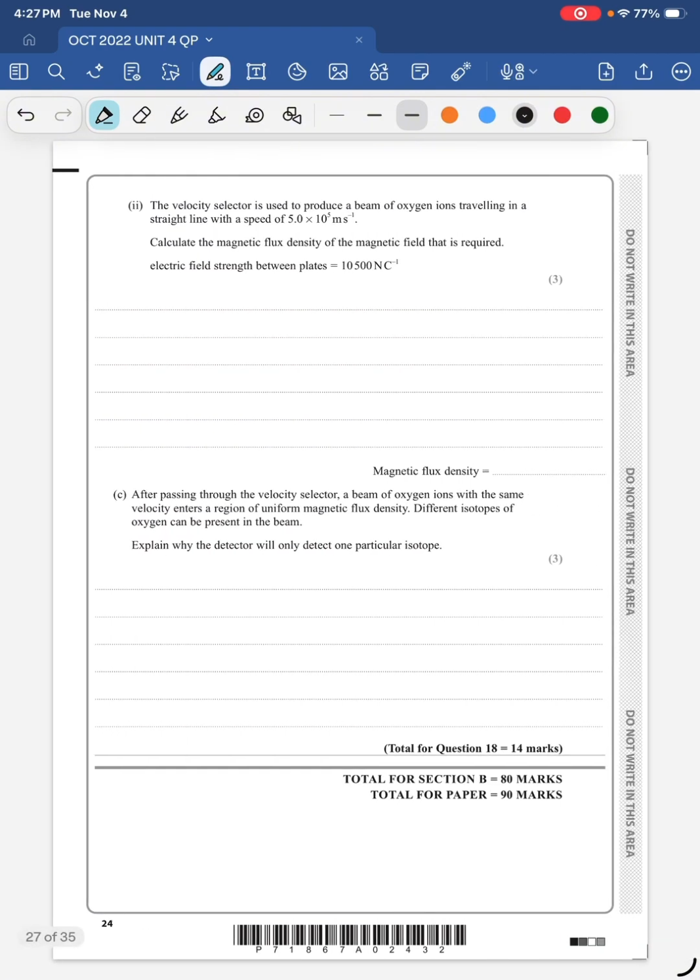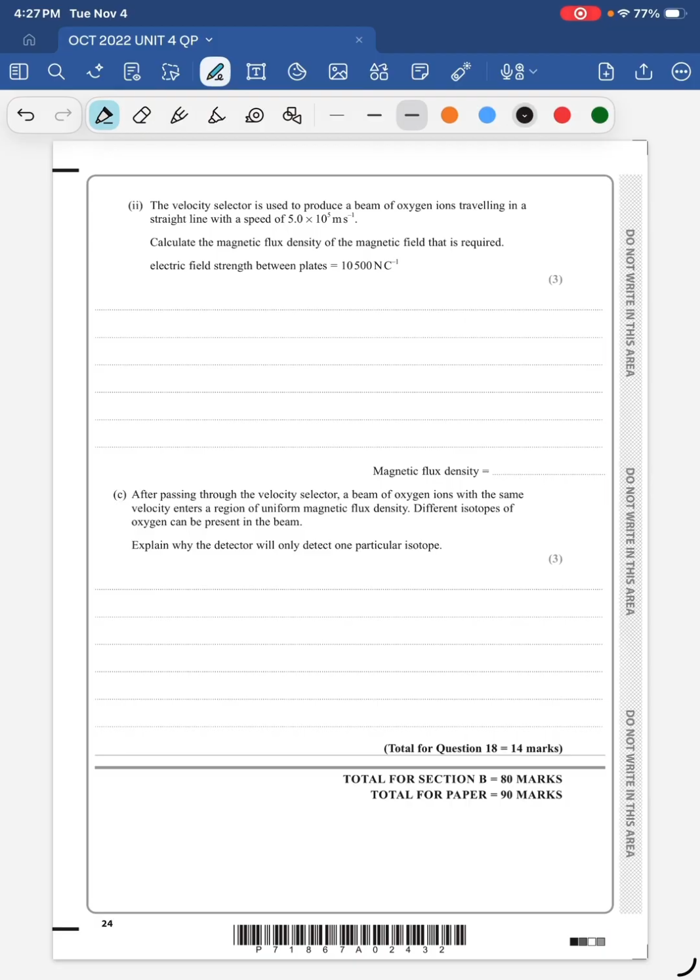Part 2. The velocity selector is used to produce a beam of oxygen ions traveling in a straight line with a speed of 5 times 10 to the 5 meters per second. Calculate the magnetic flux density of the magnetic field that is required. They give you the electric field strength between the plates.